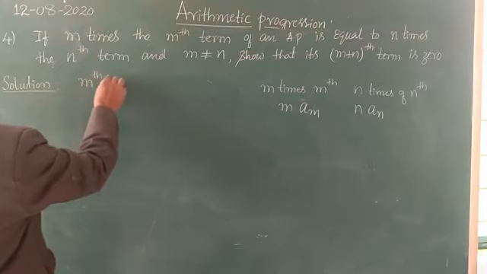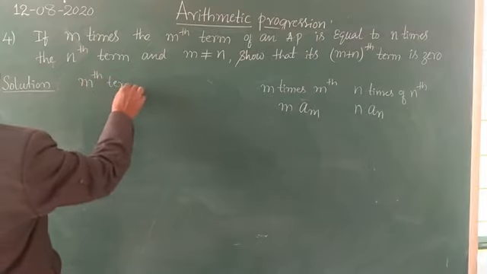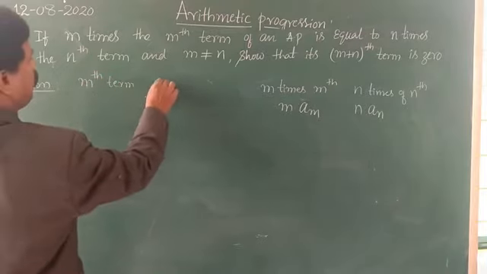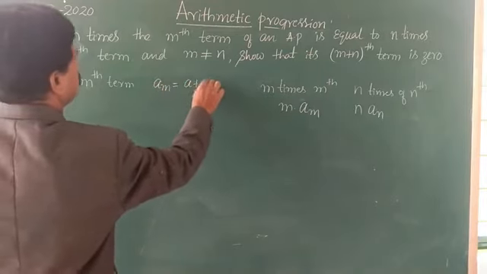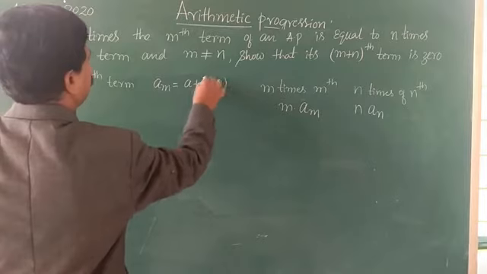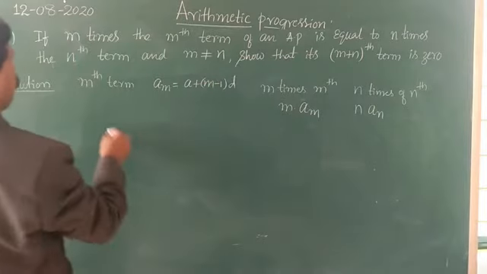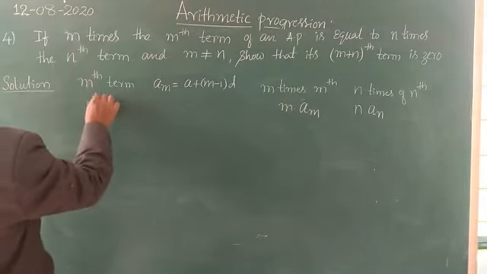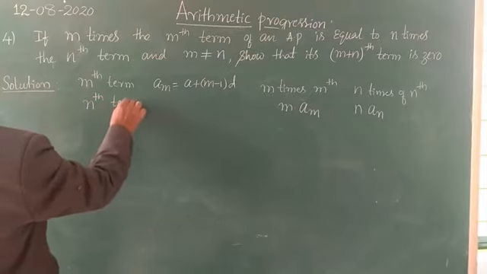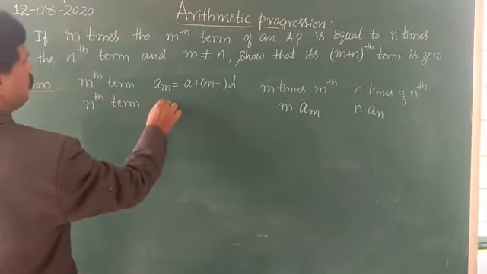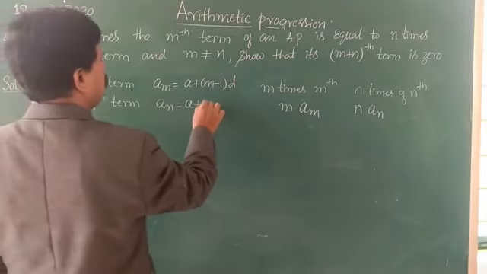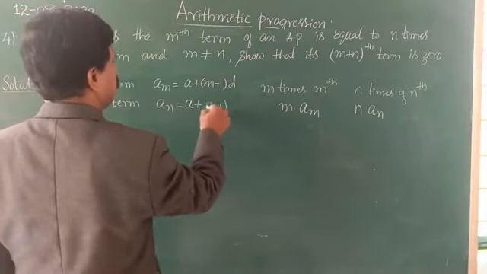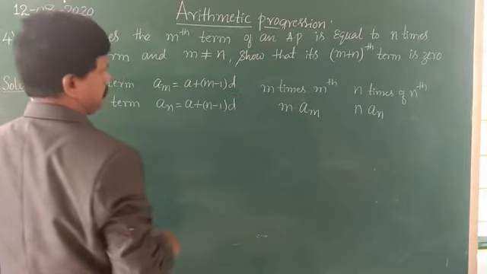The mth term am is equal to a plus m minus 1 into d, and the nth term an is equal to a plus n minus 1 into d.